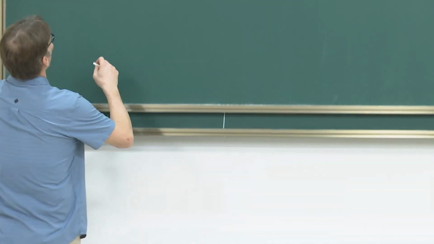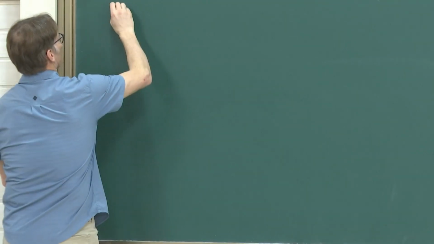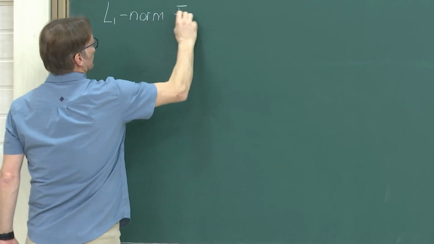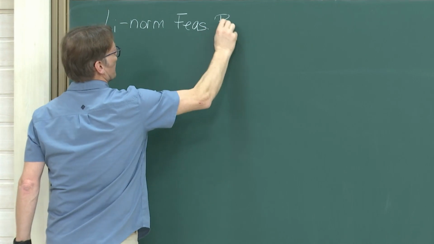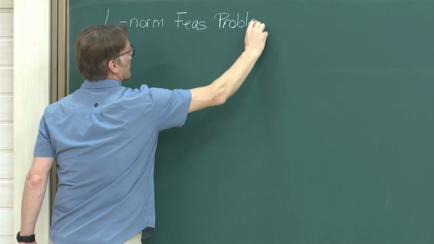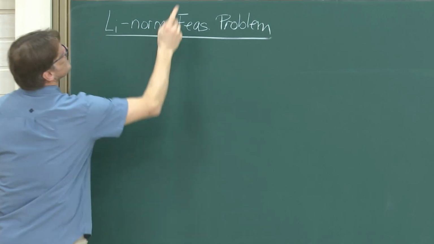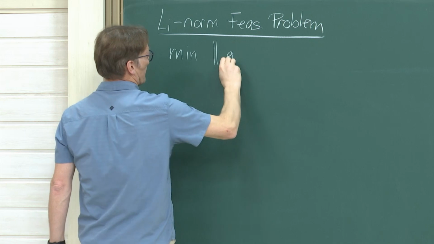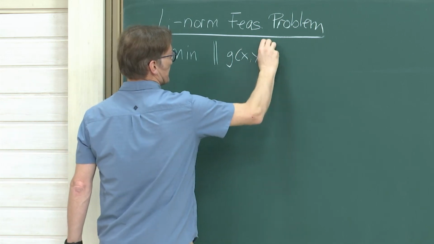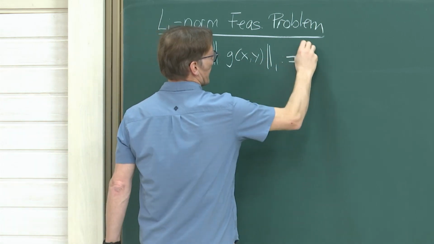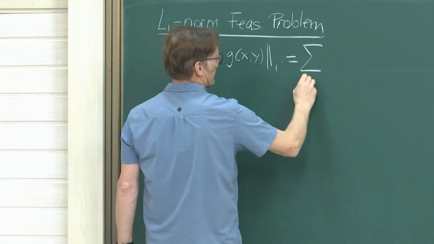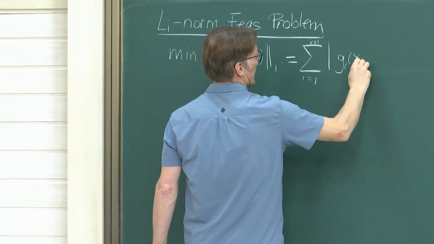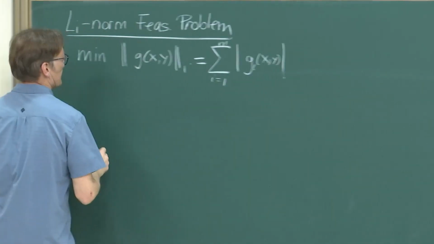So you can have an L1 norm feasibility problem, which in this case would be to minimize the one norm of g of x and y, which is defined as the sum i equals 1 to m of the absolute values of g_i of x.